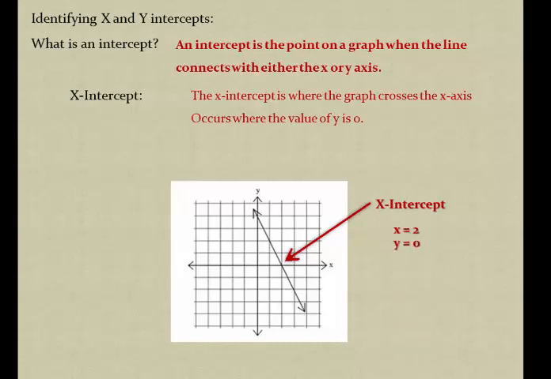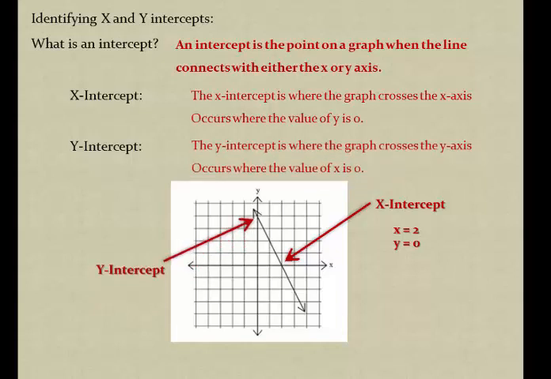In this case, it's x equals 2, y equals 0. Our y-intercept occurs where the graph crosses the y-axis and the value of x will be 0. So here I have y is 4 and x is 0. We can also write these as an ordered pair like this.